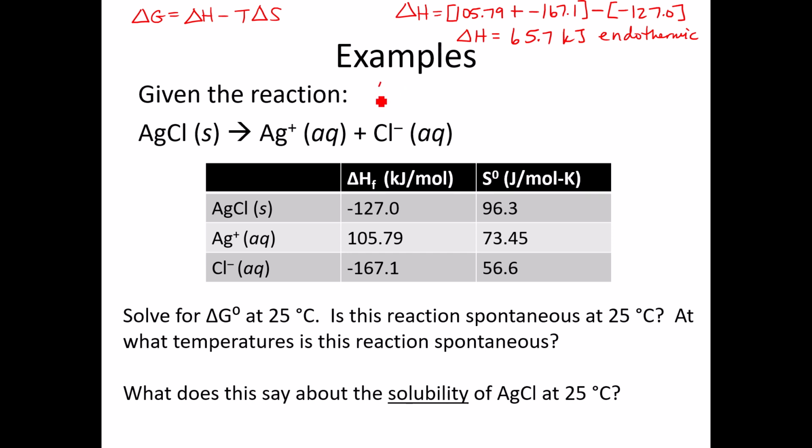Alright, so let's look at delta S. Same idea, products minus reactants. 73.45 plus 56.6 minus 96.3. Alright, so for delta S, we get 33.75. This is joules per Kelvin. And this would be more entropy.